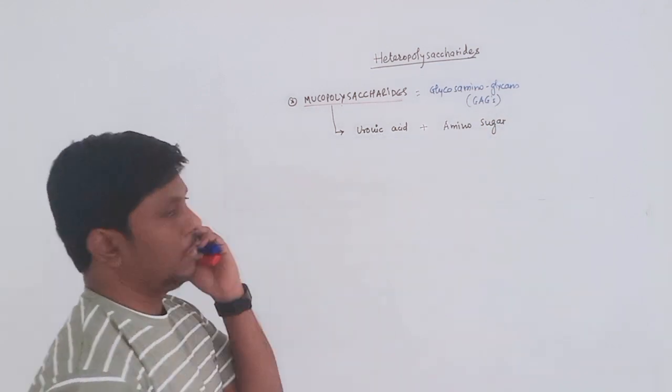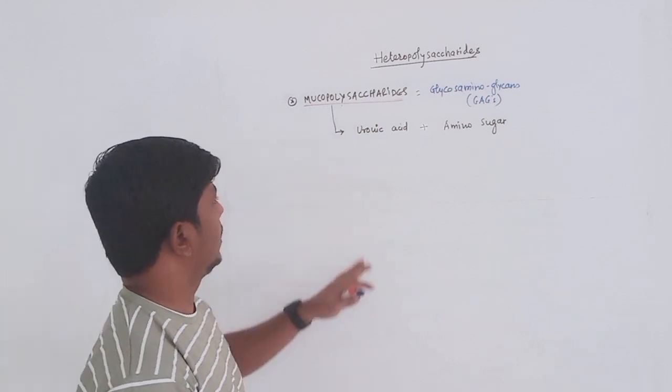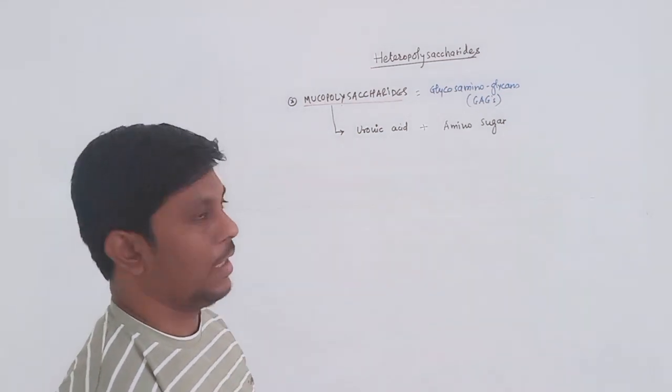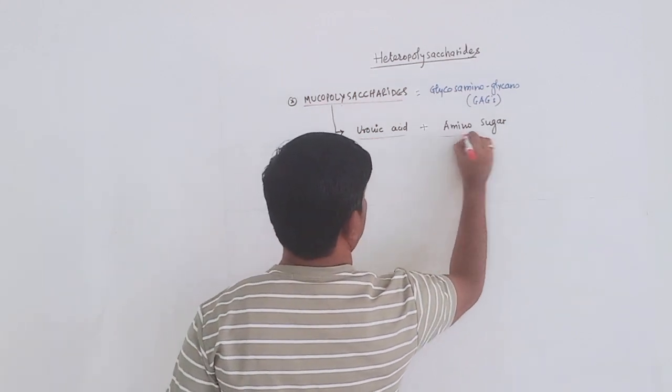So the main components of mucopolysaccharides are uronic acid and amino sugar. Let us first understand what is uronic acid and what is amino sugar.